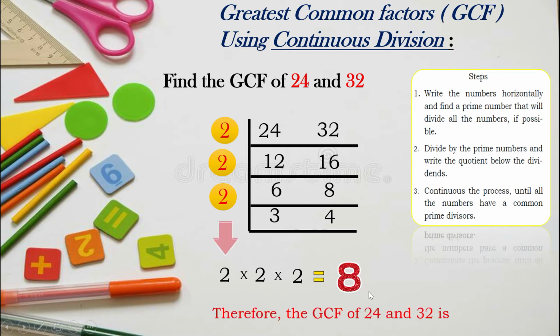Therefore, the GCF of 24 and 32 is 8. It is very simple. After you divide, take the divisors on the left, then multiply them. So, the GCF of 24 and 32 is 8. Next.